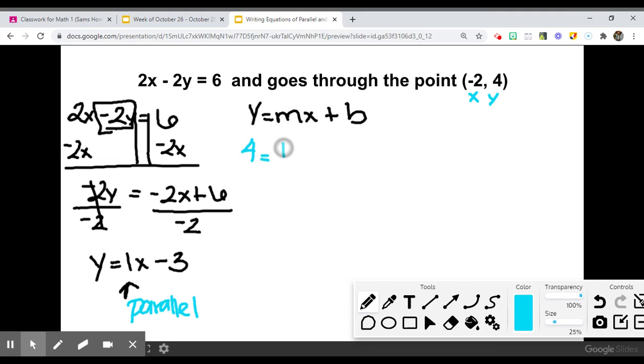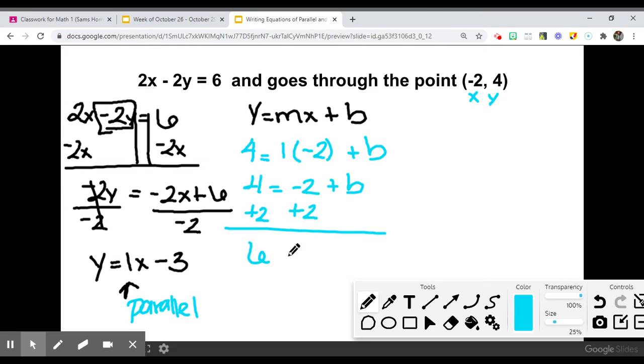Our slope is 1 because it was the same, and my x value is -2, and then plus b. So 4 is equal to -2 plus b, and then solving, I'm going to add 2 to both sides. That's going to give me 6. So 6 is equal to b, so that would be y is equal to, same slope, remember, 1x plus 6.